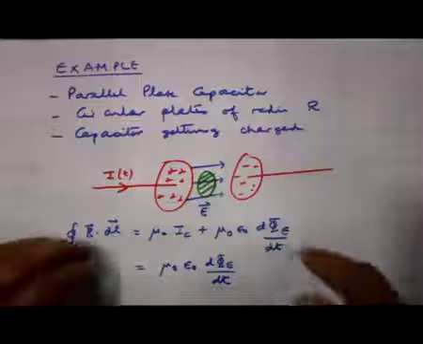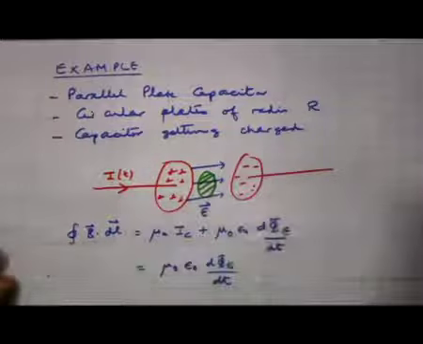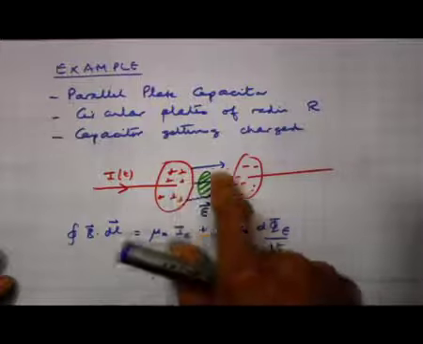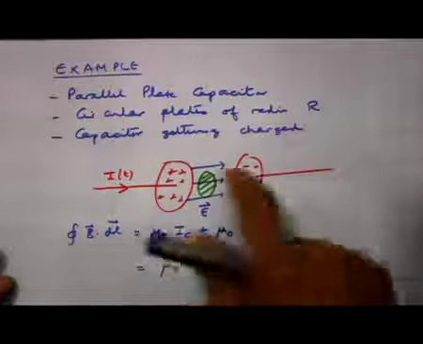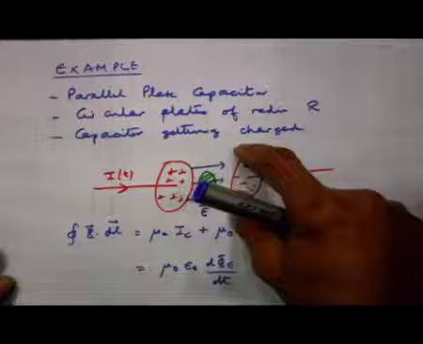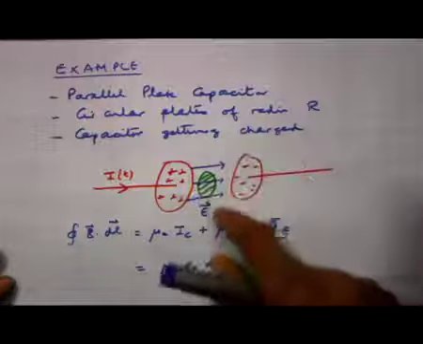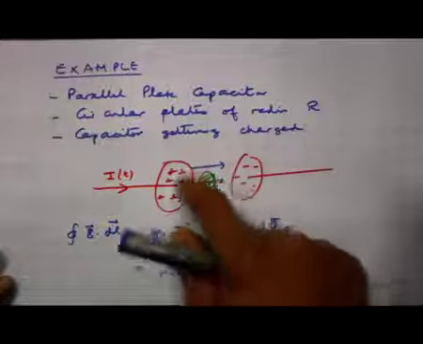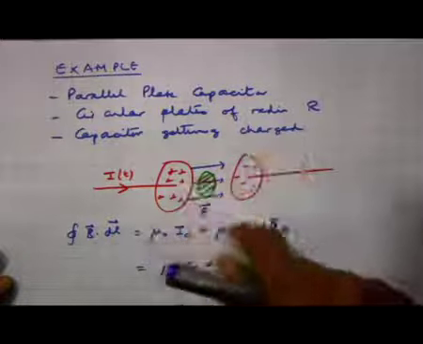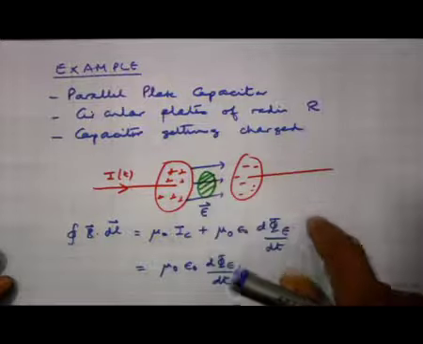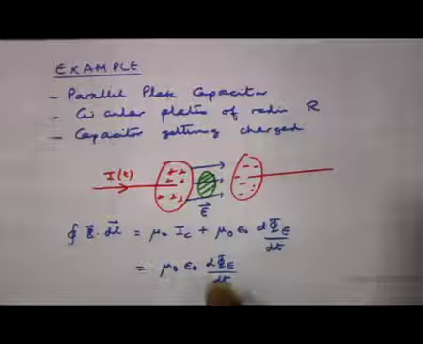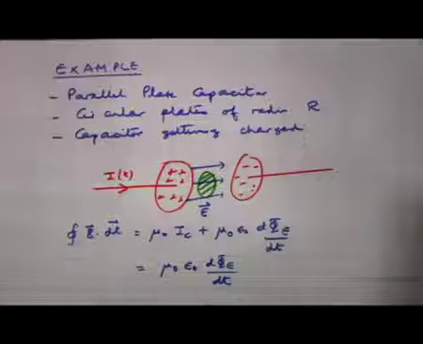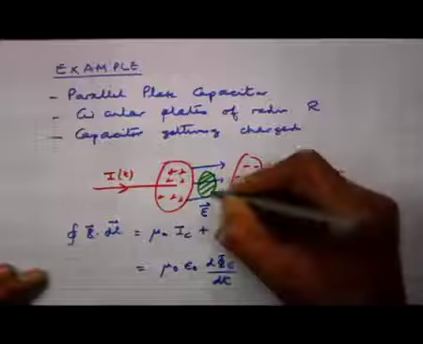Because the plates are circular, there is circular symmetry, there is no variation with the distance between the two plates, the electric field is uniform, and so the magnetic field will have only an azimuthal component. It cannot have a radial component because of the total magnetic flux through any closed surface being 0. There cannot be a radial magnetic field, there must be an azimuthal magnetic field. So, the magnetic field must be pointing azimuthally like this.